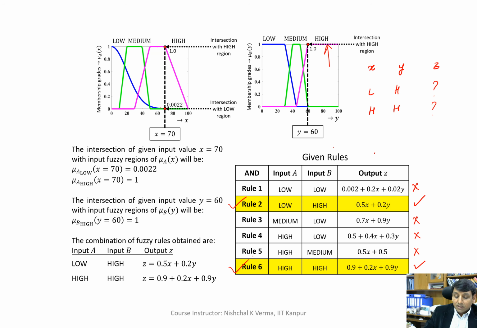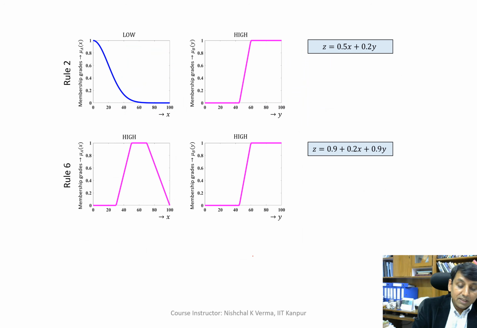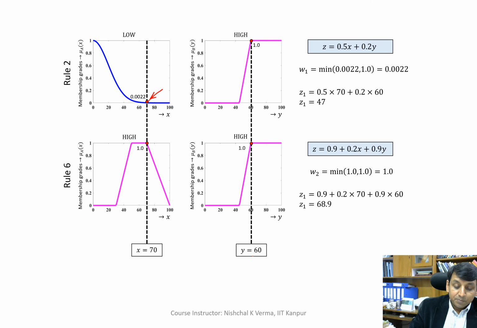So we'll start with rule number 2. Rule number 2 is here. Now we apply the input x equal to 70, so W11, let's say. Similarly here, this is W12 for the second antecedent, y equal to 60, and the corresponding output here is Z1. By substituting the values of x and y, Z1 comes out to be 47.